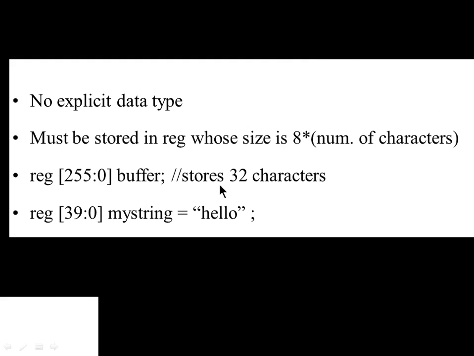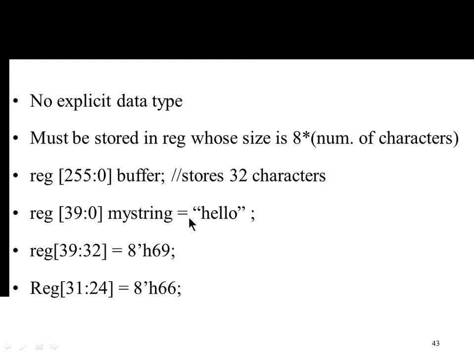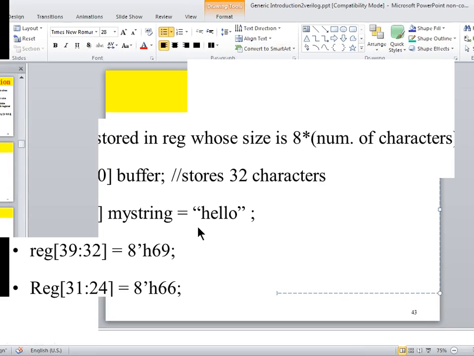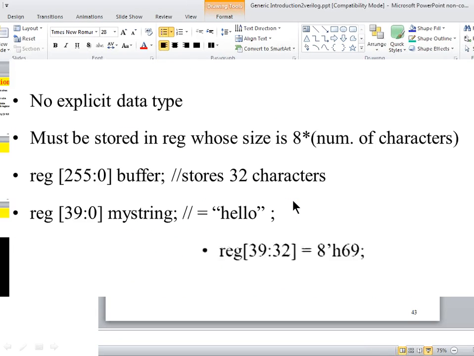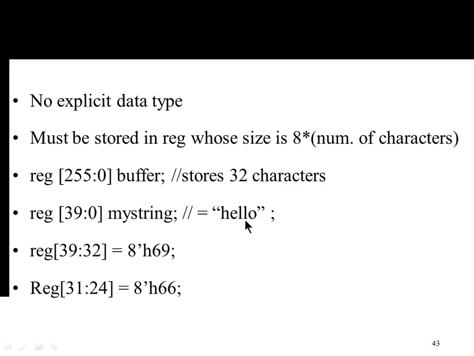What I've done is I want to store this string called hello. So for that, it's a 5 character string. So for that, I have declared a register of 40 bits, and each character will be represented by 8 bits at a time in this my string.